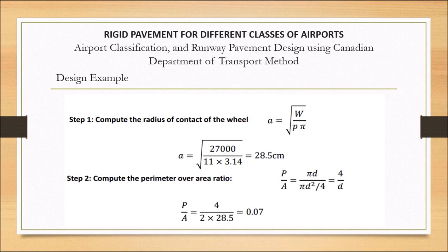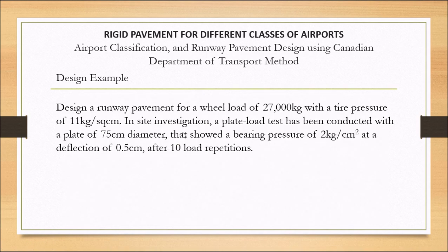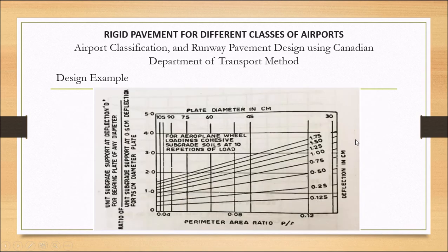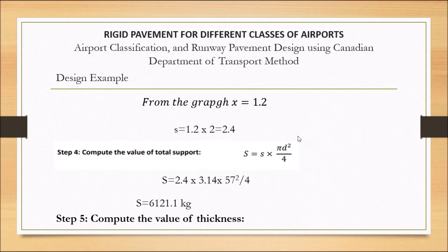From the question, recall that we were given our bearing pressure as 2 kg per centimeter square. So what we need to do is to multiply the 1.2 that we got from the graph by the 2 kg, which is 2.4.